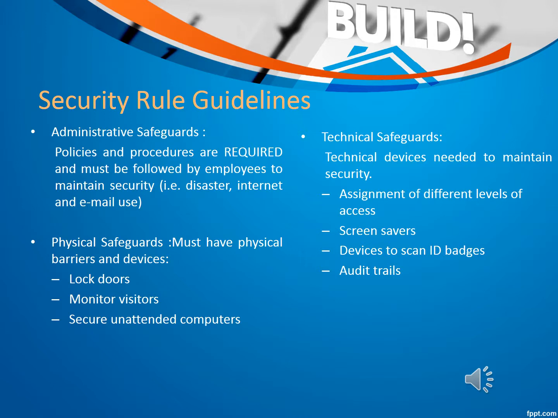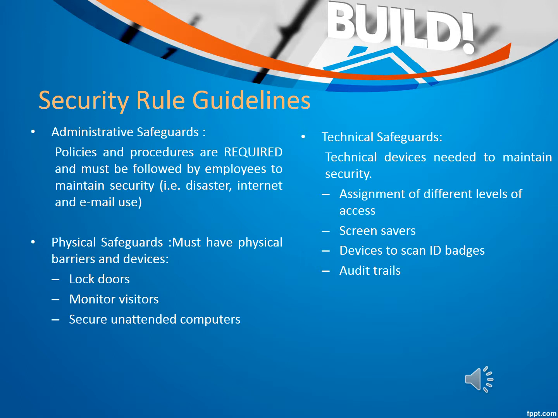The third and final safeguard is the technical safeguard. The technical safeguards are more towards systems and technology, the access levels, and the access rights to the PHI systems. They should be well defined.